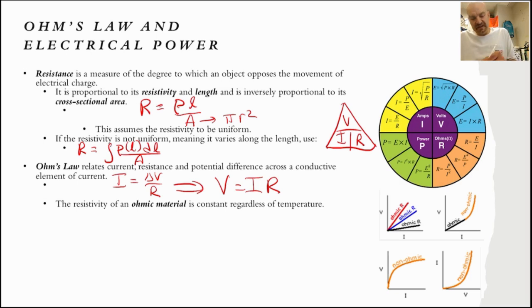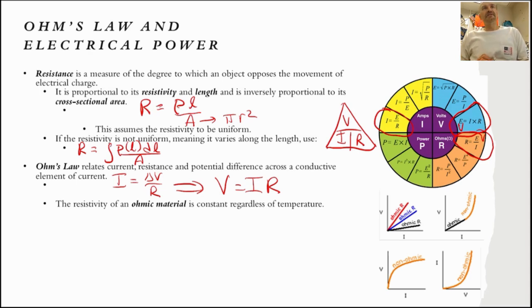In our picture, in this circle, E is actually V, so anywhere you see an E, it's actually a V. I'm not going to go through them, but you can see here's the Ohm's law equation, here it is solved for resistance, and here it is solved for current. That's what this little dial is about. It may be beneficial to search for this and make a copy to put into your notebook, but that's just a suggestion.